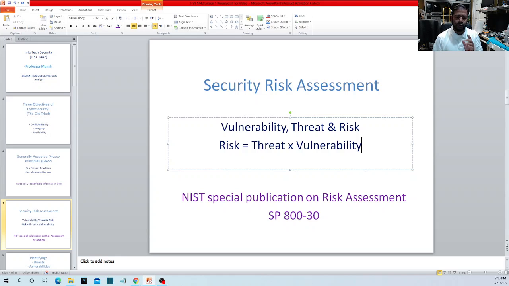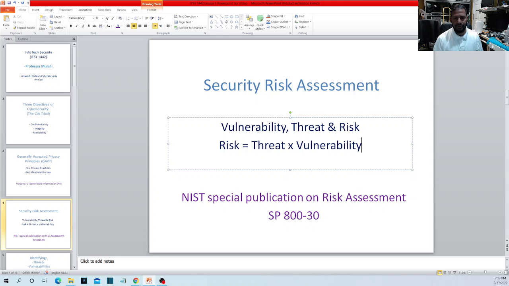So you have a vulnerability, your building is not earthquake safe. Any small earthquake comes, your building is going to break. That is a vulnerability. Do you have a threat? Is the threat of earthquake existing in that location? No. So your threat is zero, but the vulnerability is there, so there is no risk. Okay, that's what I want you to understand. So either the threat is not there or the vulnerability is not there, then your risk is zero.